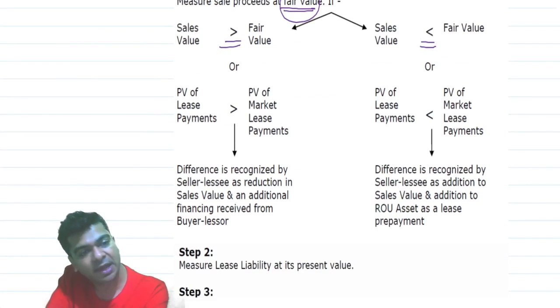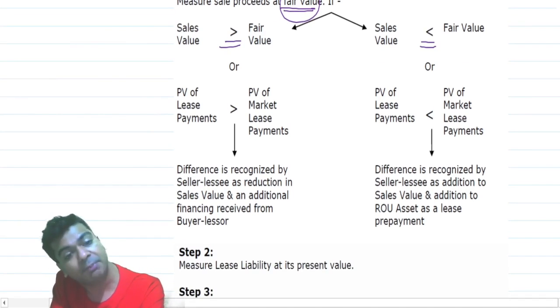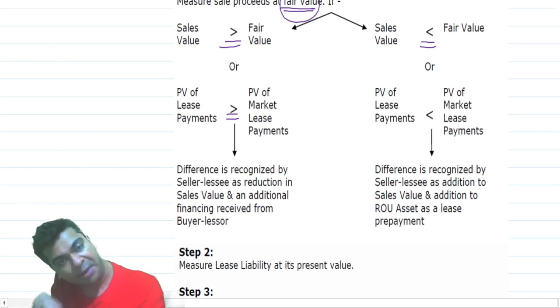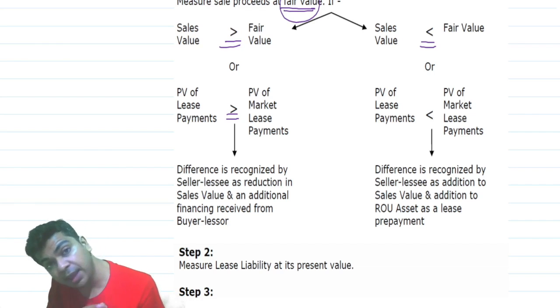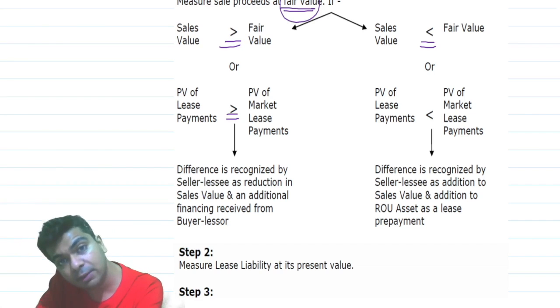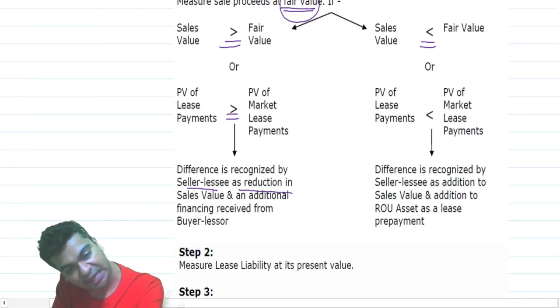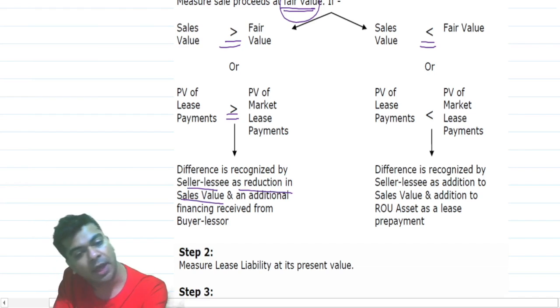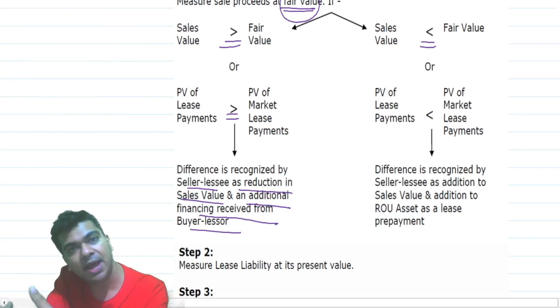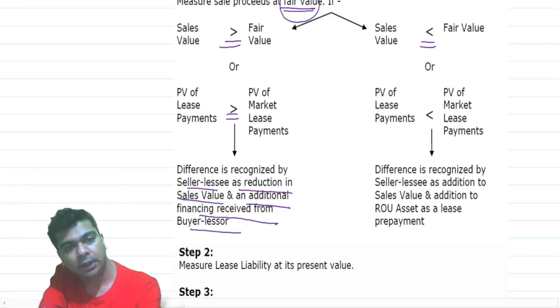What if the sales value is greater than the fair value, or the present value of the lease payments is greater than the present value of market lease payments? Okay, you are going to pay more than what the going market rate is. They say the difference is recognized by the seller lessee as a reduction in the sales value and an additional financing received from the buyer lessor. You get my point?